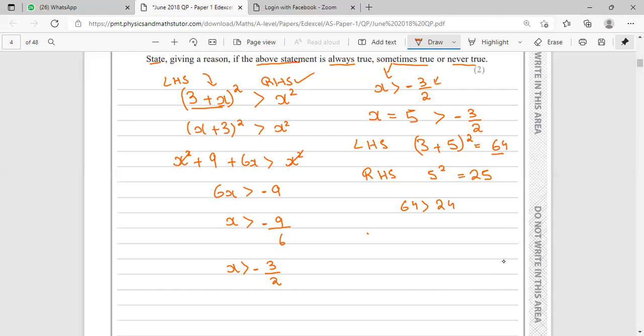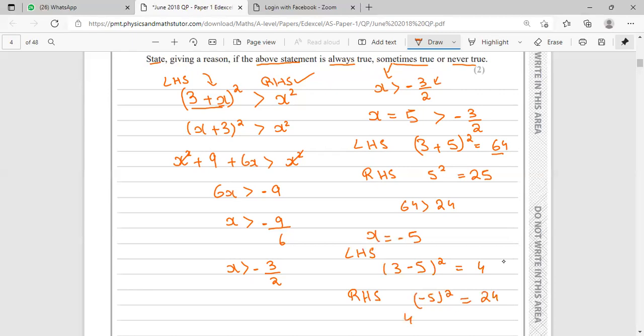And let's check for x equals minus 5. So if x is minus 5, on the left hand side we are going to have 3 minus 5 square, that would be minus 2 square, so we'll have 4. And on the right hand side, again we'll have minus 5 whole square because we had x square, this is 25.